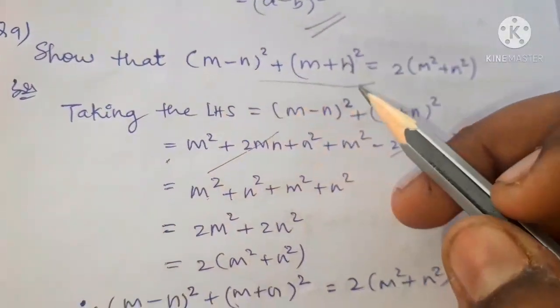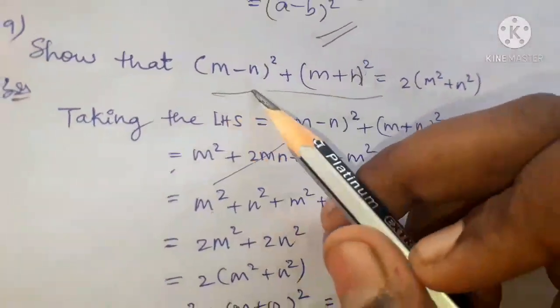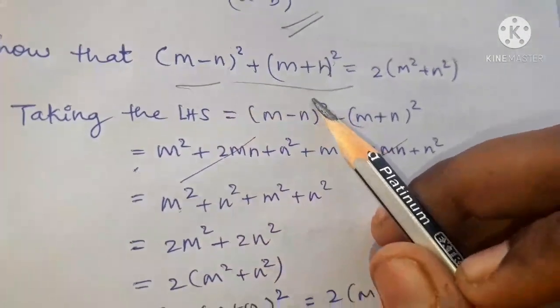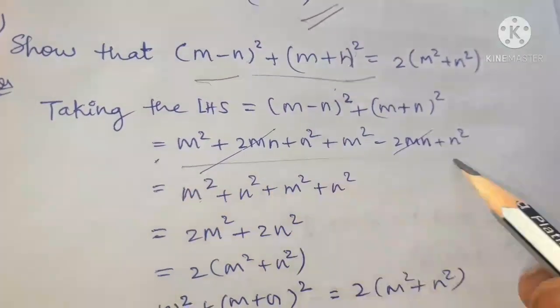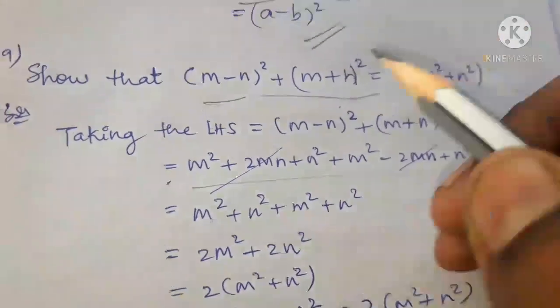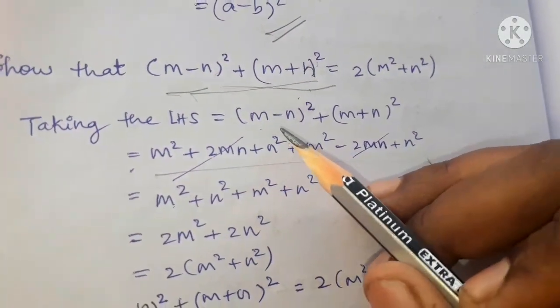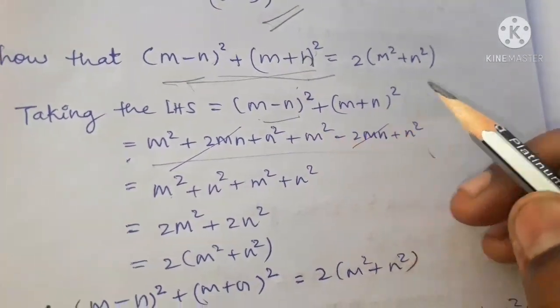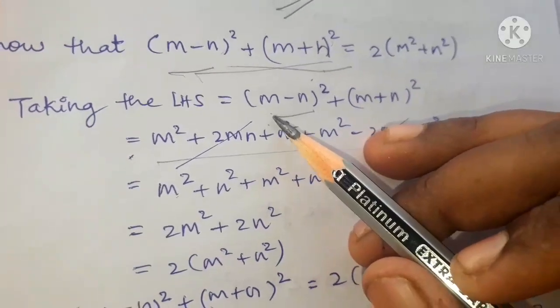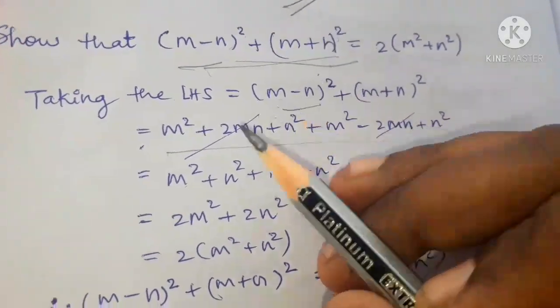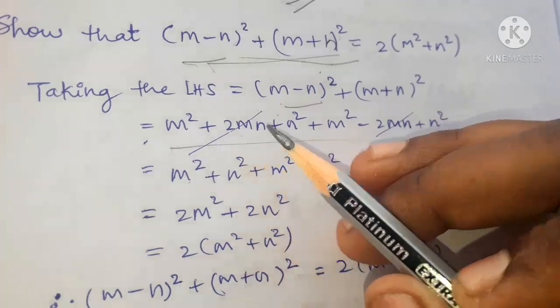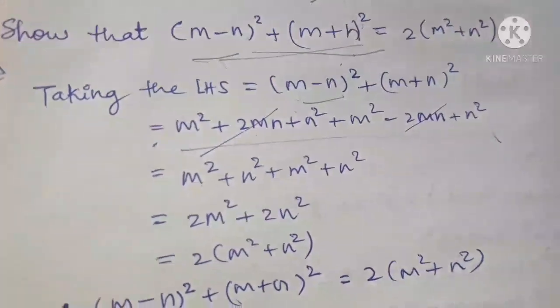First take the LHS and expand. Okay. When you substitute the (a minus b) whole square formula and the (a plus b) whole square formula, just expand this equation and write. So now taking the LHS, (m minus n) whole square plus (m plus n) whole square. Now when you substitute it in the formulas, you get m square plus 2mn plus n square.